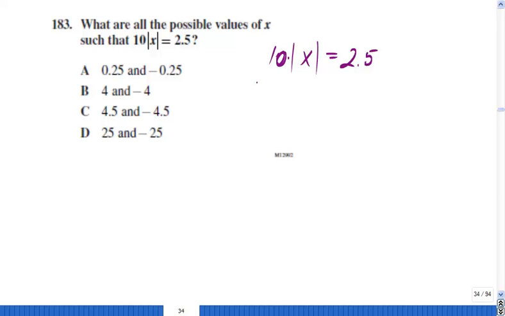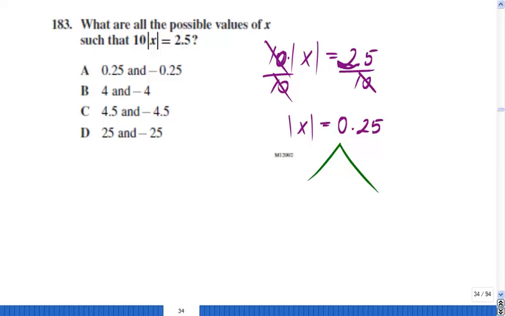To solve it, you can divide right now by 10 before you do anything. Divide by 10. 10 divided by 10 is 1. Absolute value of x equals 2.5 divided by 10. You guys remember that when you divide by multiples of 10, you move your decimal to the left as many steps as many zeros you have. So this will become 0.25.